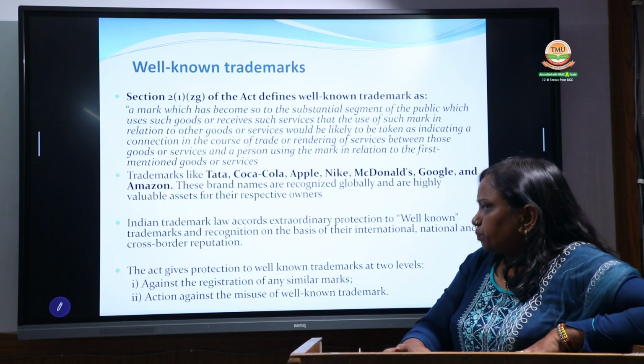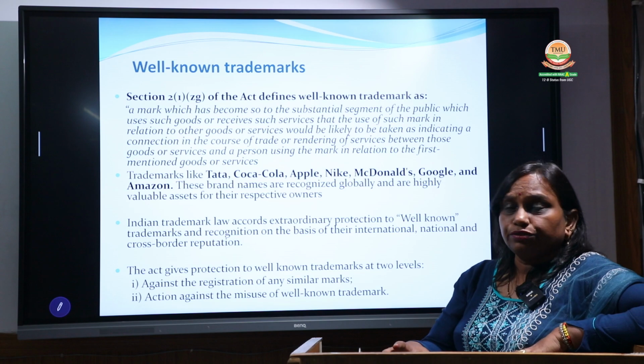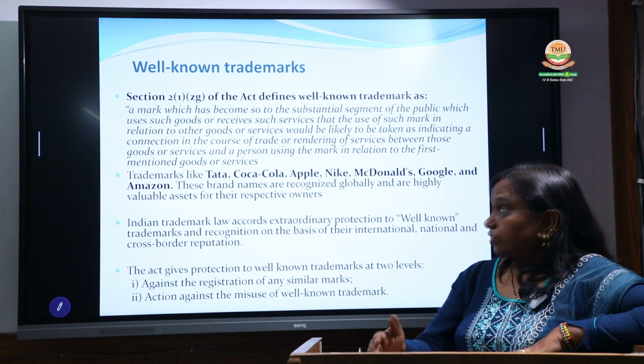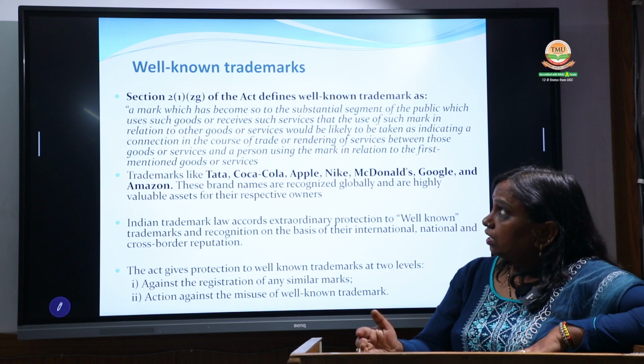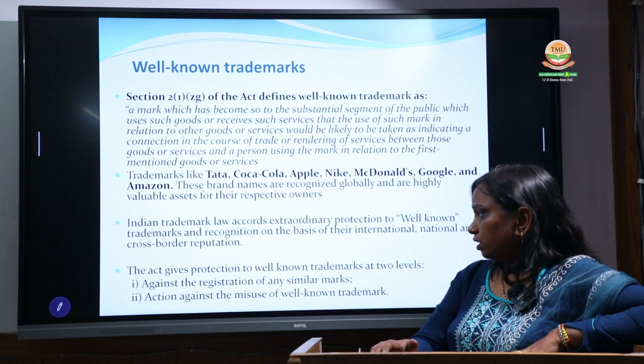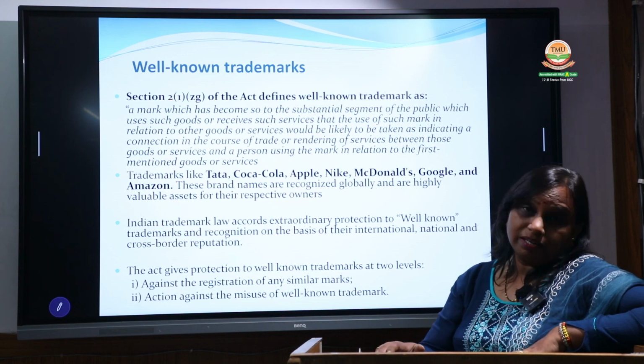So the Act gives protection to well-known trademarks at two levels. As I told you, it gives certain extra advantage to the owner of that particular mark. First is protection against the registration of any similar mark.